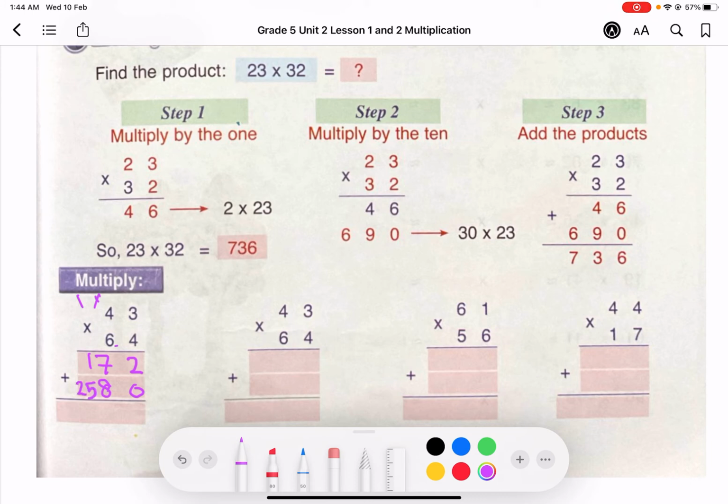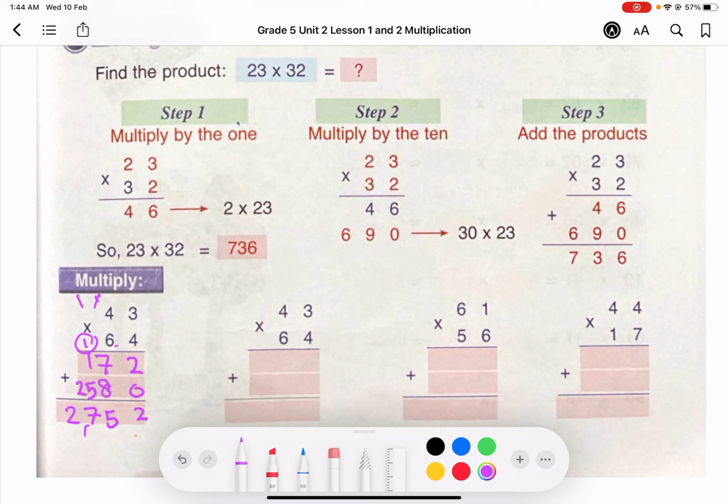Now what is the third step? You will add. 7 plus 8, 15, regroup 5, 1 above. 1, 1, 2, 2, 5, 7. The 2 will go down. 1, 2, 3.